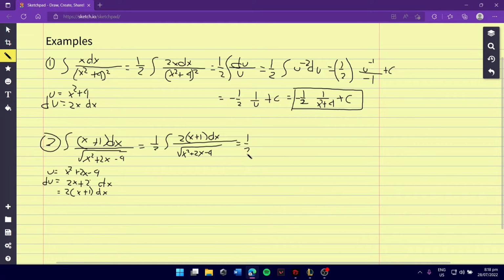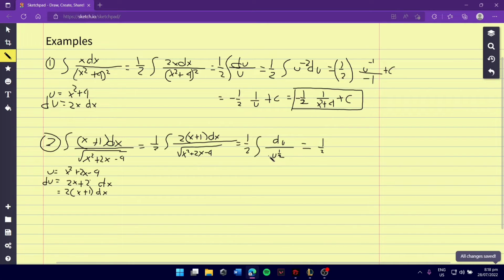Next, we will substitute our u and du. So this is now our du over square root of u. So the square root will become raised to negative 1/2. Next, we will simplify and integrate. So 1/2.